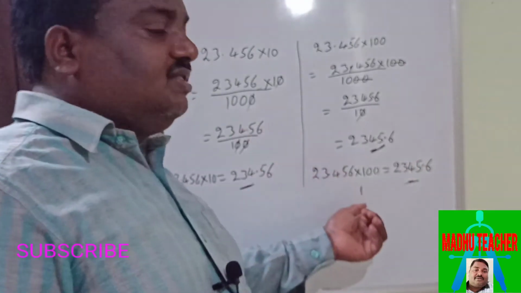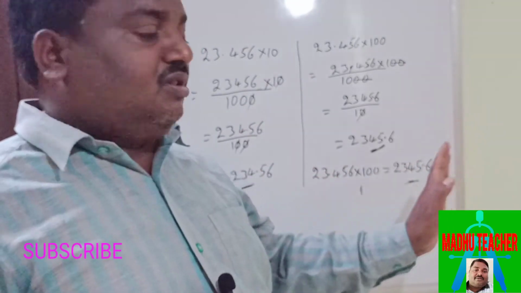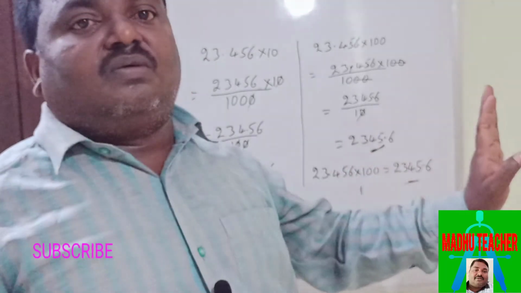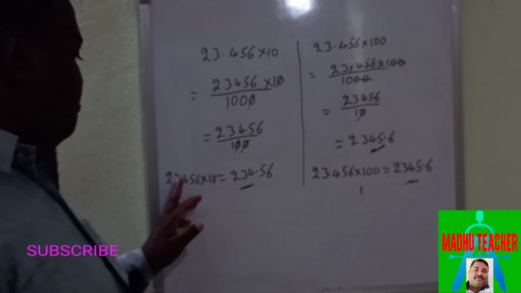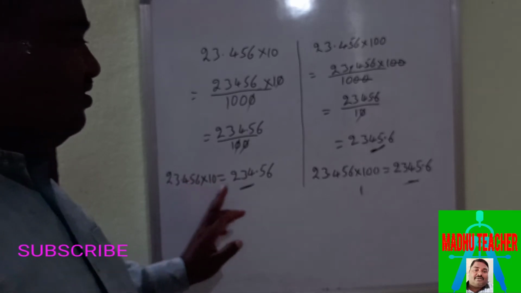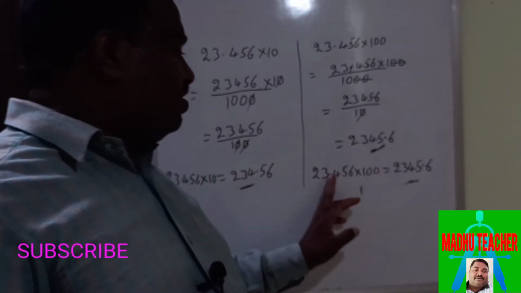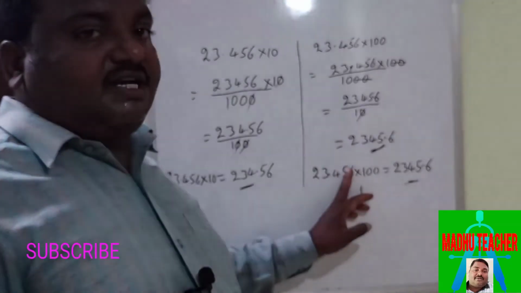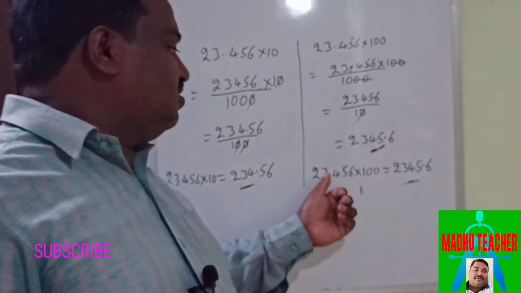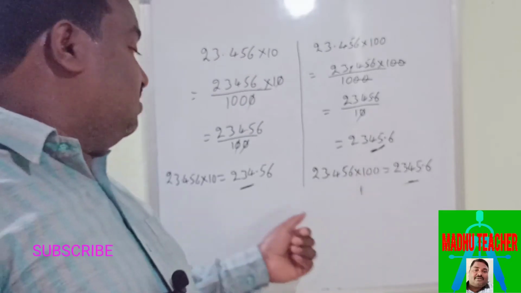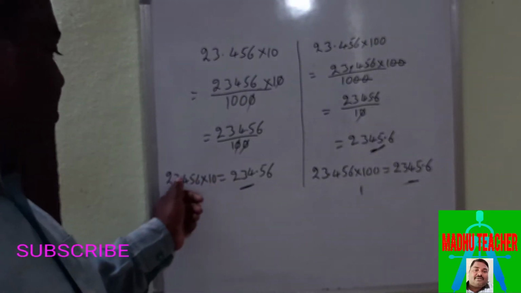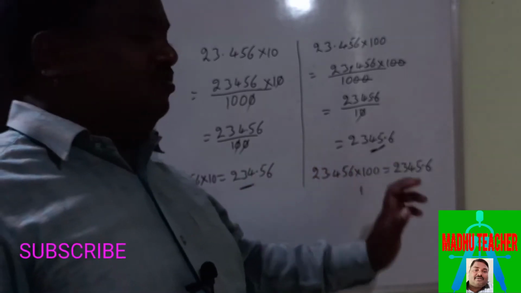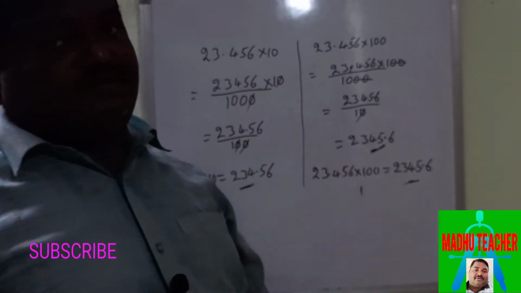If you multiply with 1000, the point will move 3 digits to the right side. If you have 10, it moves 1 digit right side. If we have 2 zeros, it moves 2 digits right side. If you have 3 zeros, it moves 3 digits, like that. The point moves right as many digits as there are zeros after the 1 when multiplying.